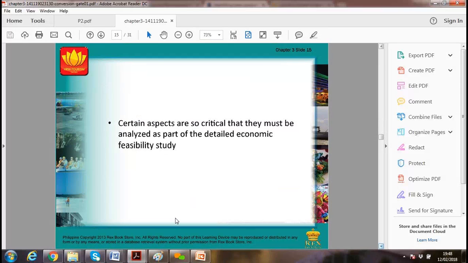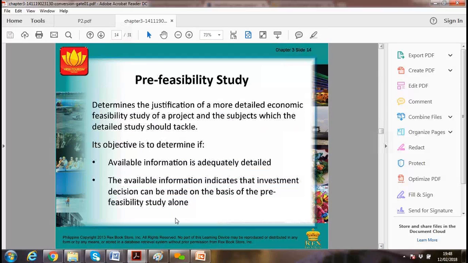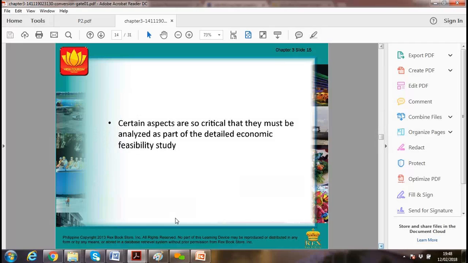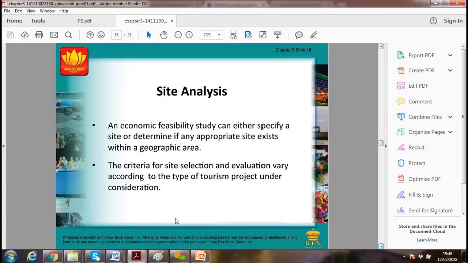So all of these we need to look around before we actually launch the project. Pre-feasibility justification of the detailed economic feasibility study covers return on investment: how much will be invested, and how long will it take to recover our initial investment. That is the sort of study we need before, and both public and private sector organizations can do it.